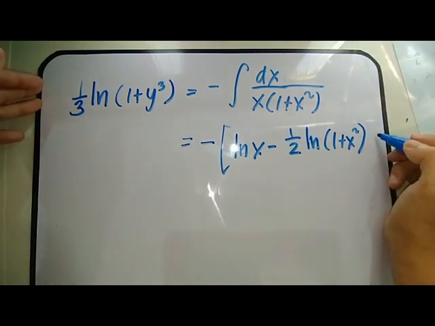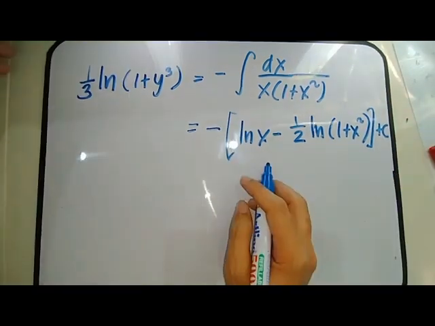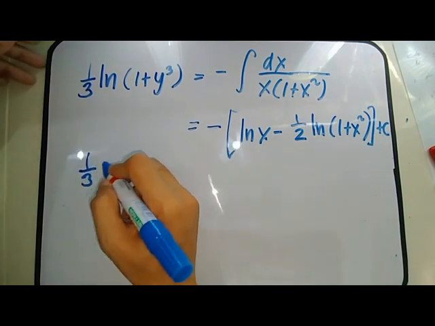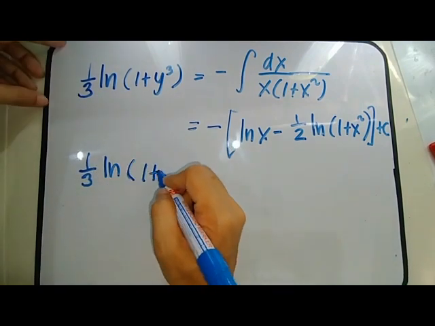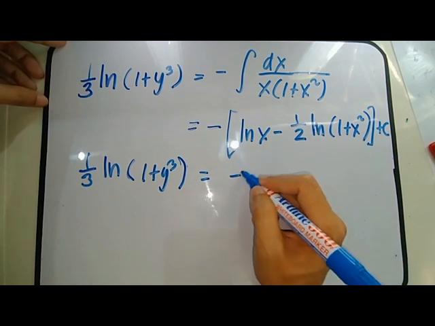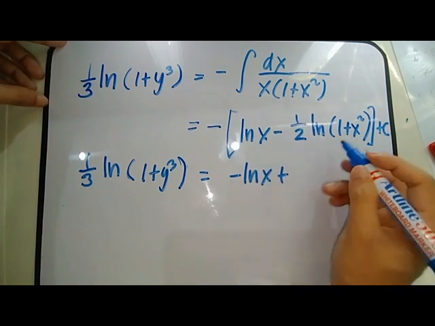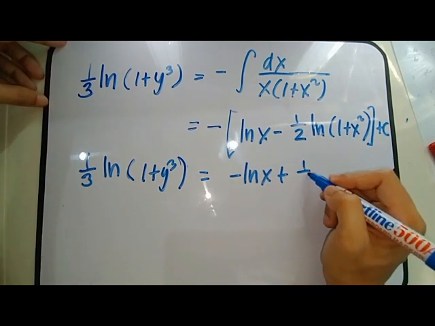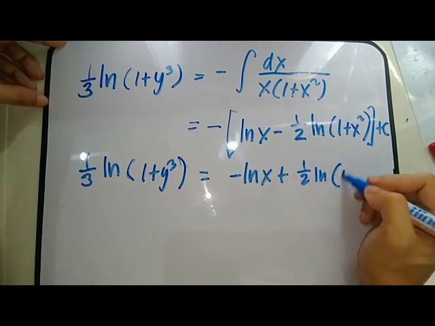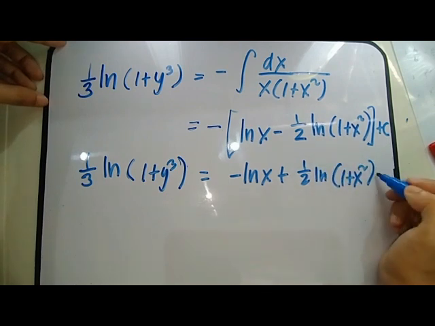So yung plus c, ilabas na natin guys. So plus c. So this is 1/3 ln 1 plus y cubed equal, so negative ln x plus, you have here 1 half ln 1 plus x squared plus c.